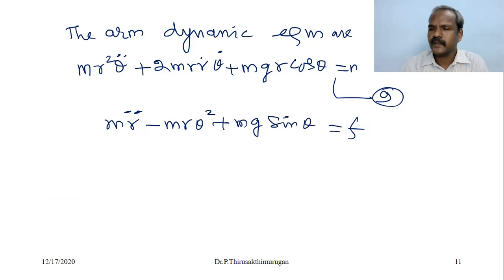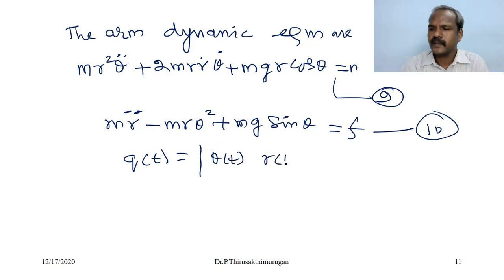These two are a set of coupled nonlinear differential equations which describe the motion q of t equal to theta of t, r of t, transpose.